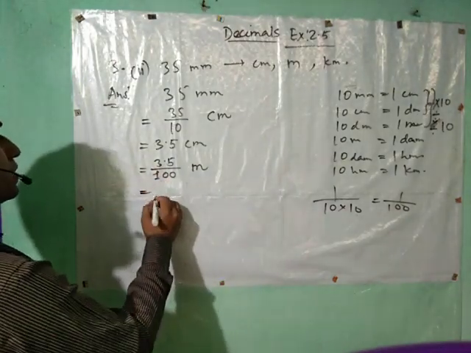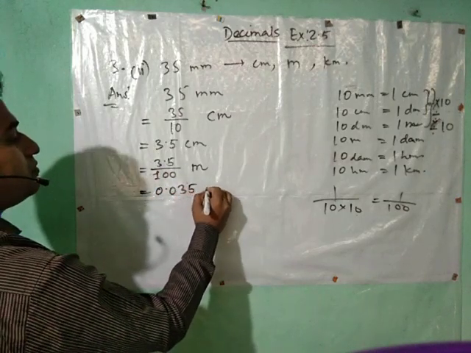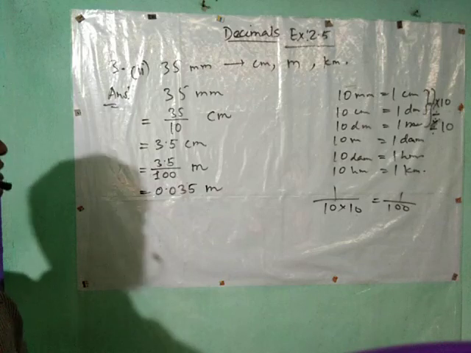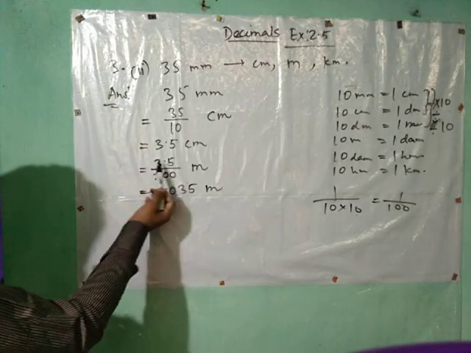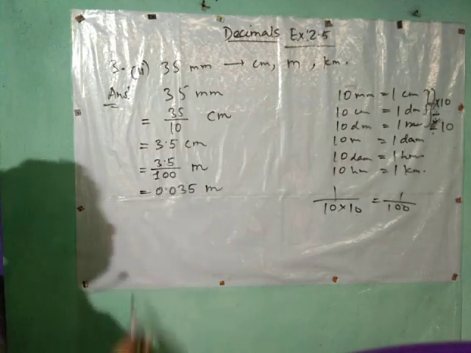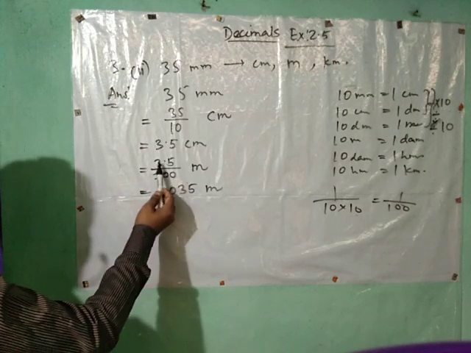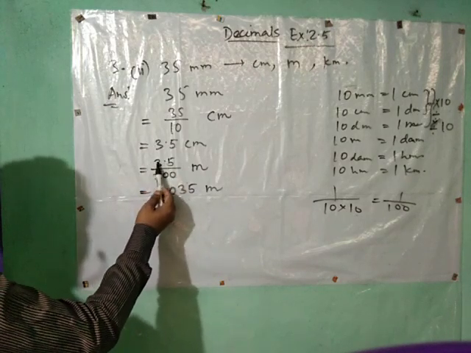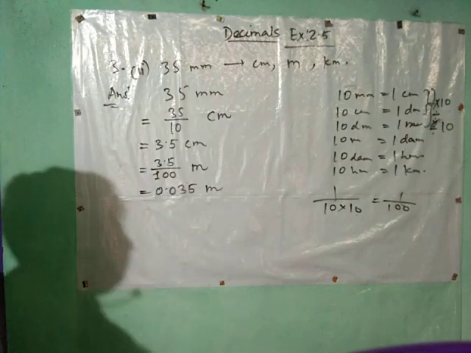So it will become 0.035 meter. This decimal will be shifted towards left as it is in the denominator, and the denominator has 2 zeros, so 2 places will be shifted. 1 place and 1 more place I need, so I put a 0 and place this decimal.